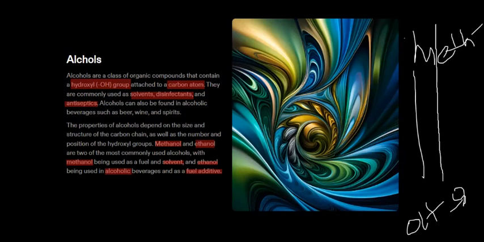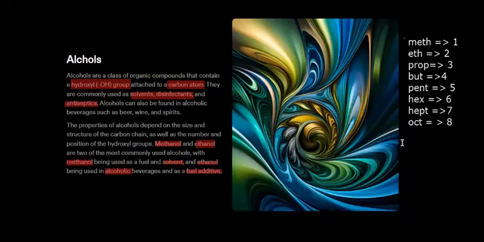Now, the following list shows them, so you can refer to it. As you can see, this is the list. This can really help you in developing structural compounds. So meth represents 1, eth represents 2, prop represents 3, and so on.